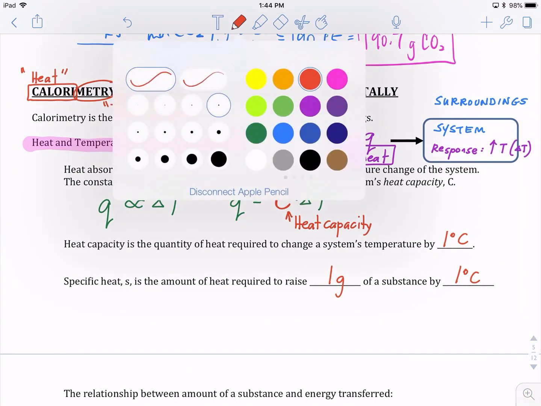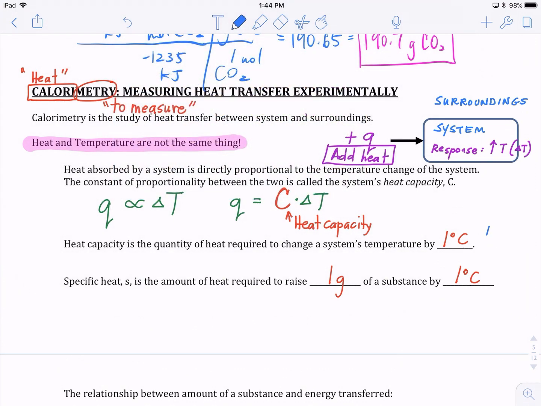Our units for heat capacity are usually going to be something like kilojoules per degree Celsius or joules per degree Celsius. Could be kilojoules per Kelvin, joules per Kelvin. I'll mention that when I come back. Specific heat is going to be typically units of joules per gram degree Celsius or joules per gram Kelvin.